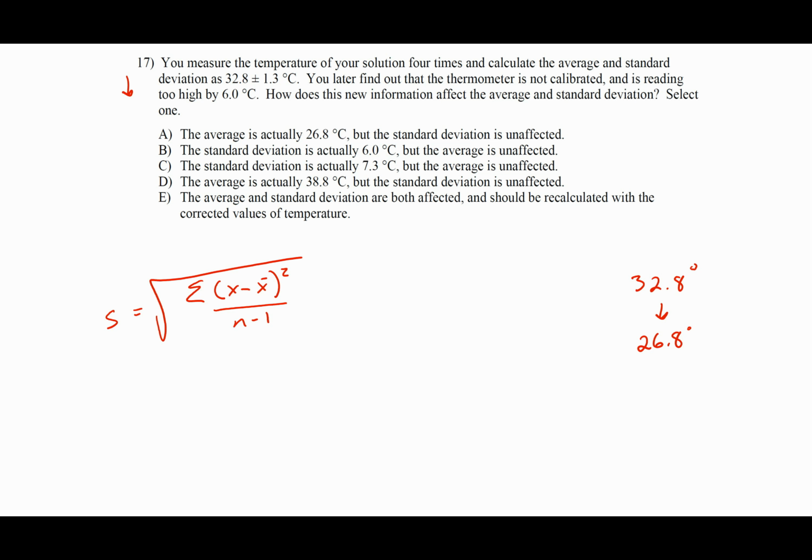Okay, let's take a look at this equation and figure out how S will change. Our n, we still have 4 samples, so n and n minus 1 do not change. So let's not worry about that for now. Let's look at x minus x bar, our number minus our average. Let's say we have 3 values.